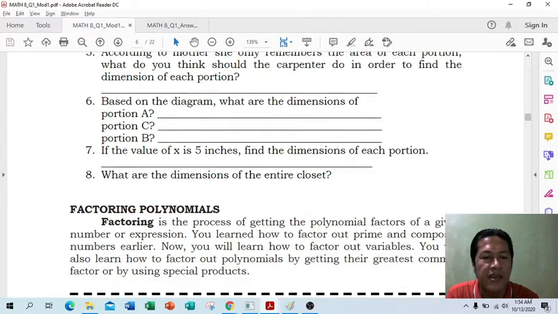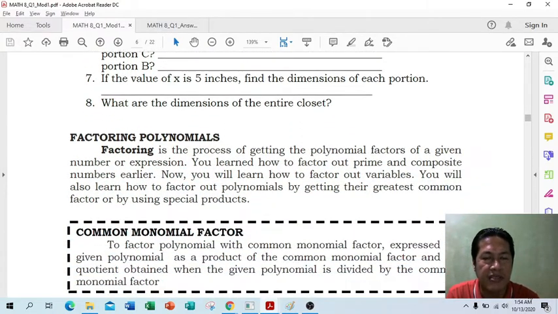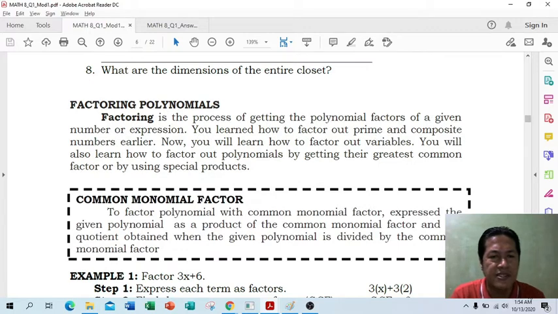Practice now. Factoring polynomials. What is this topic? Factoring. So, what is factoring? It is the process of getting the factors of a given number or expression. We reviewed prime and composite numbers earlier. Now, you will learn how to factor out variables.